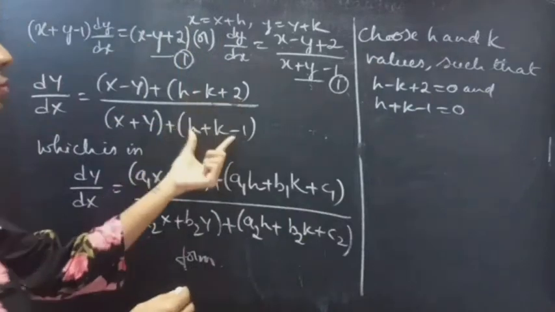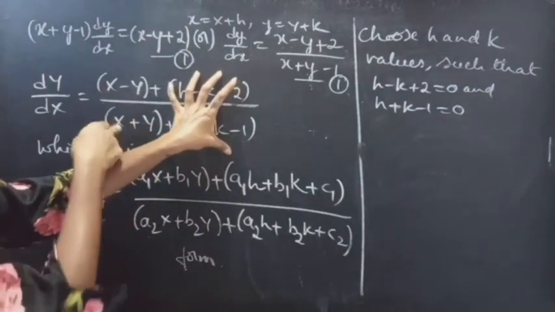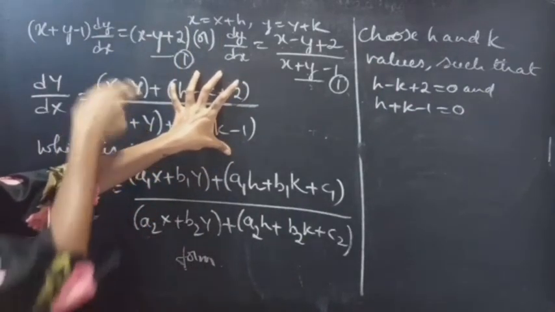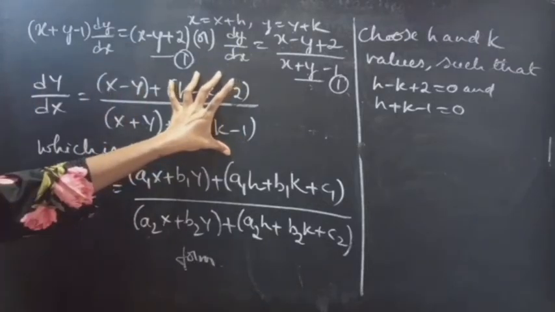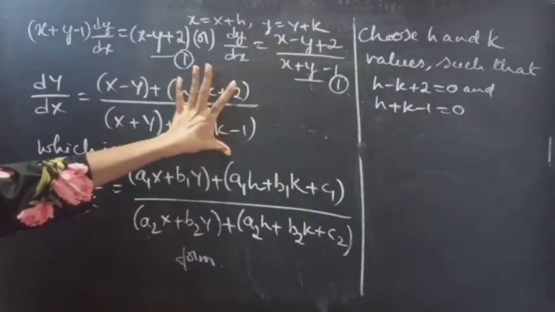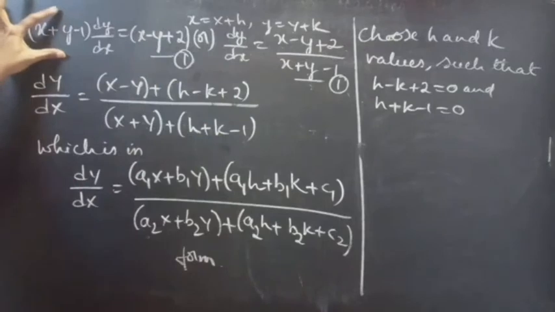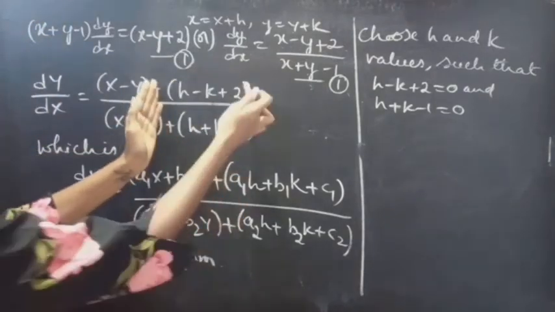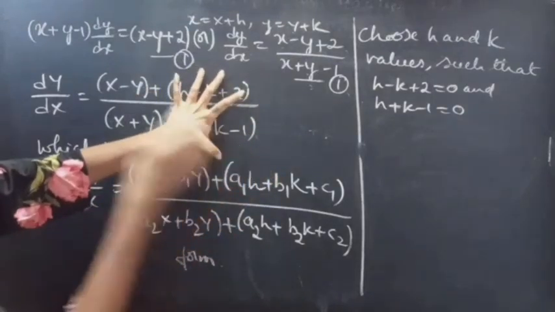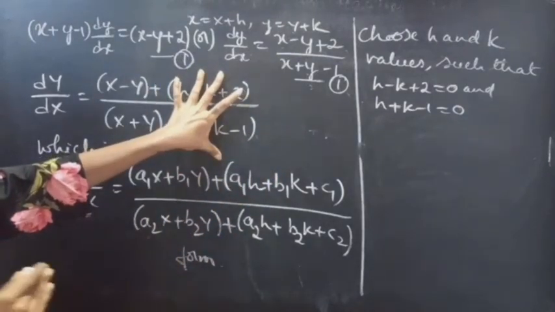If this becomes 0, you'll get x minus y by x plus y, so that this equation becomes homogeneous, and then we can say the given equation is reduced to a homogeneous equation. Okay, if this one and this one become 0, then we'll get a homogeneous equation.